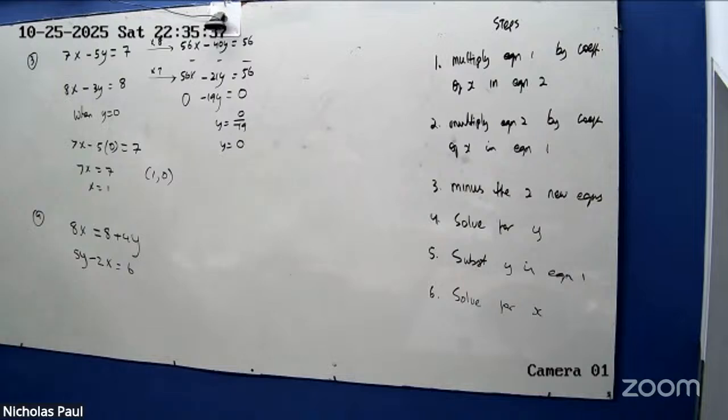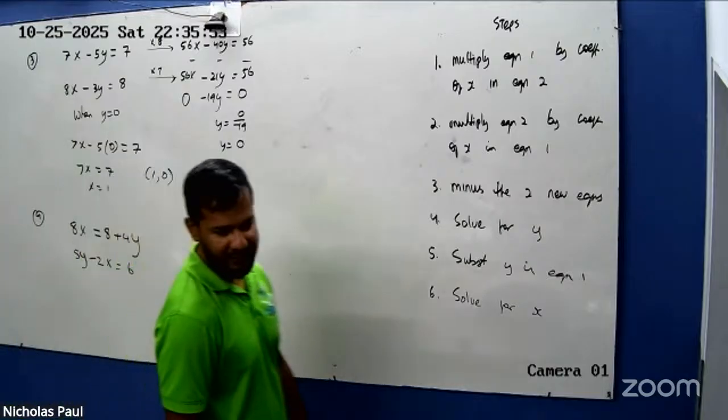Take your time, rearrange it, and then follow the steps, right? Whole numbers again, whole numbers again. Generally in math, you'll get whole numbers, right?